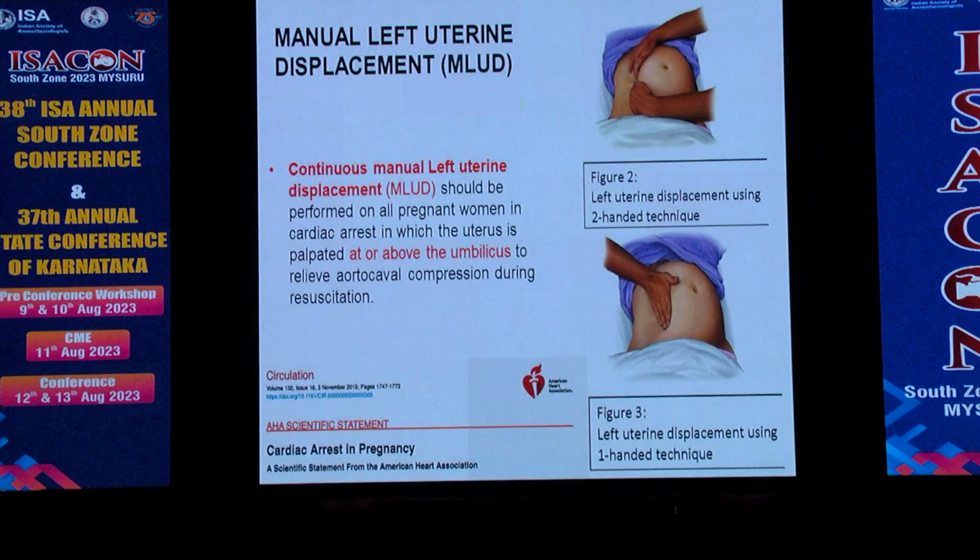So this MLUD can be performed either by 2-hand technique when the rescuer is on the left side of the patient or the victim, by pulling the uterus with the cupped 2 hands laterally and upwards, or by 1-hand technique when the rescuer is on the right side of the victim by pushing the uterus laterally and upwards. This is the way one should give the manual left uterine displacement continuously.